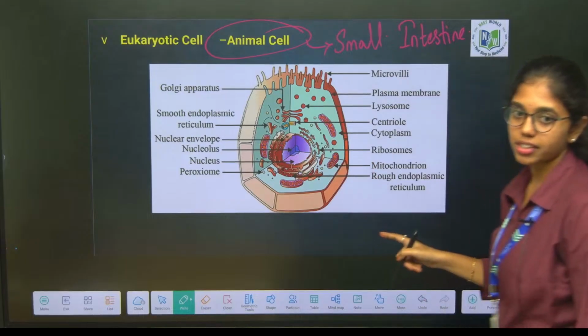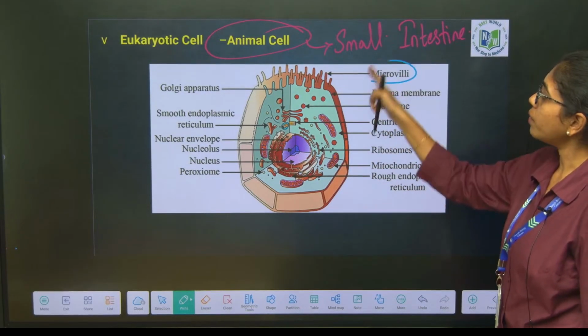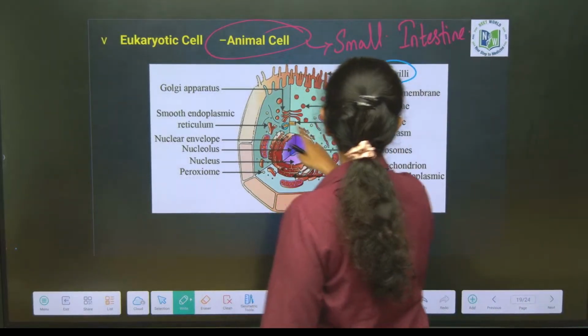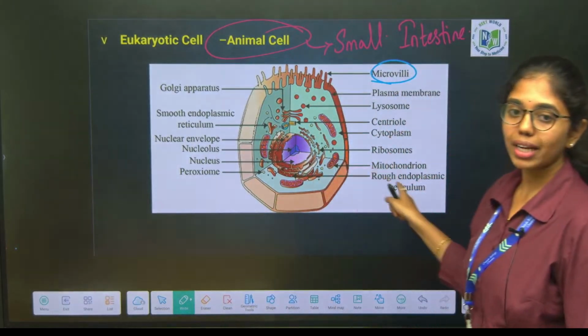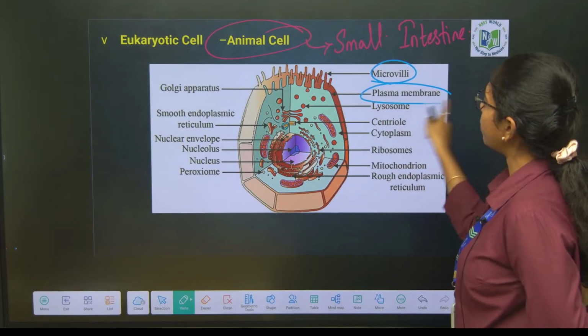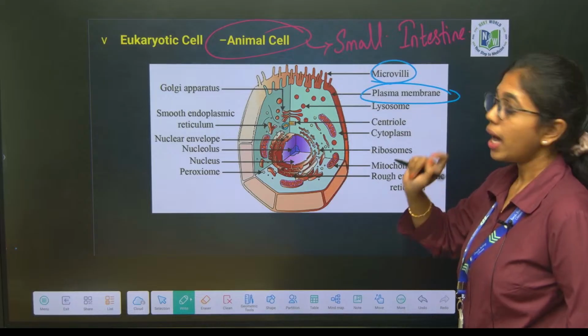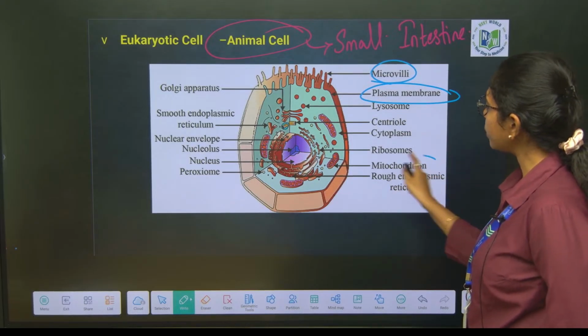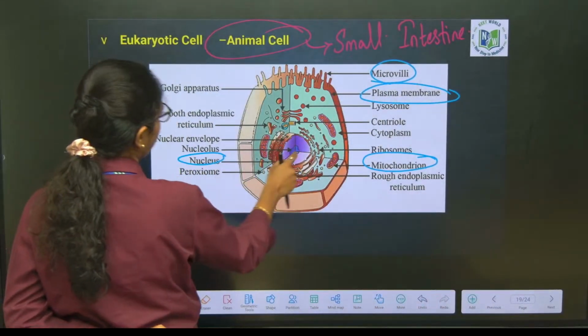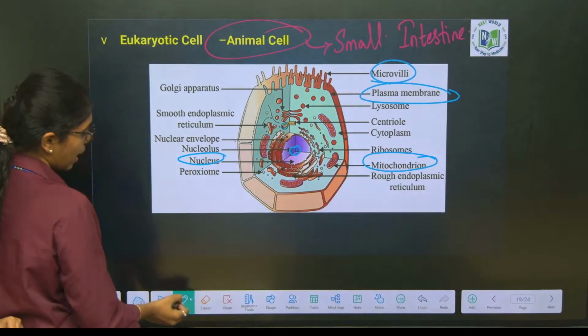As microvilli are there, we can say this is a cell from the small intestine. The limiting boundary is the cell membrane, because it is an animal cell. Here we have the plasma membrane and microvilli over here. Double membrane bound organelles include only mitochondria and nucleus. In the nucleus, again we have the nucleolus at the center and the nuclear envelope.